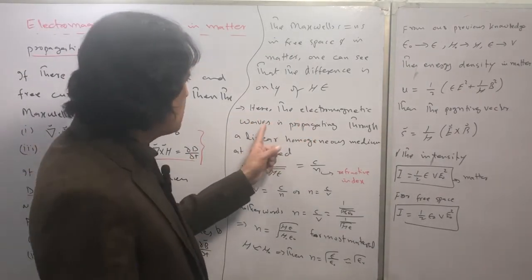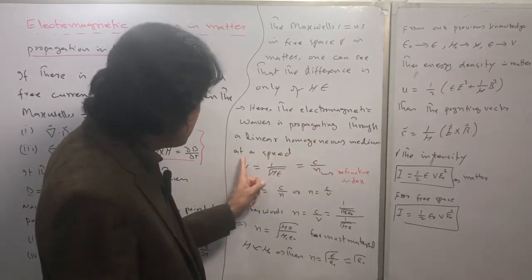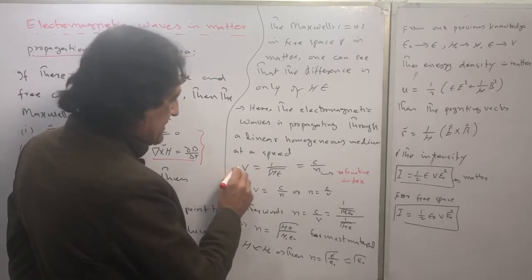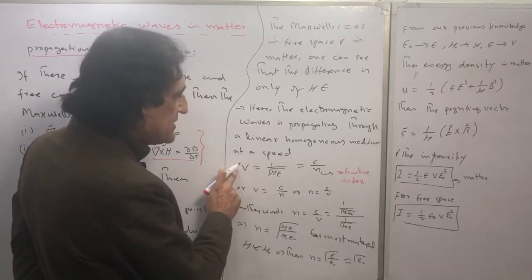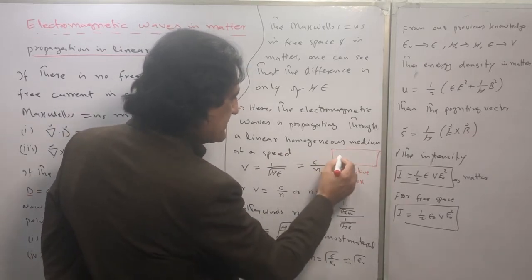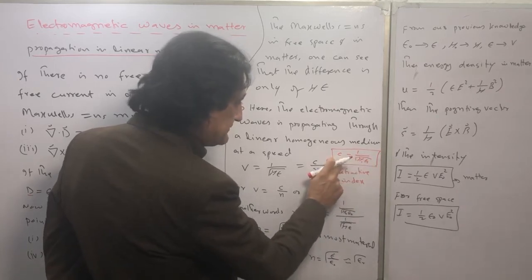Here, the electromagnetic wave is propagating through a linear homogeneous medium at a speed v. We know the relation for free space: c is equal to 1 over the square root of mu naught epsilon naught. This is the speed of light.